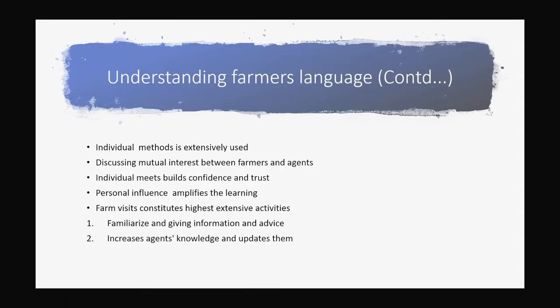The personal influence of the extension worker can be a critical factor in helping a farmer through difficult decisions, and it can also be instrumental in getting the farmer to participate in extension activities.